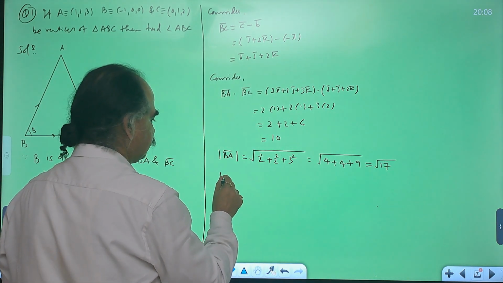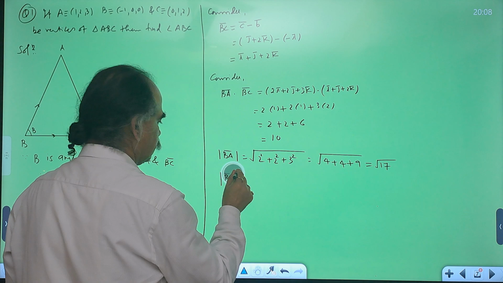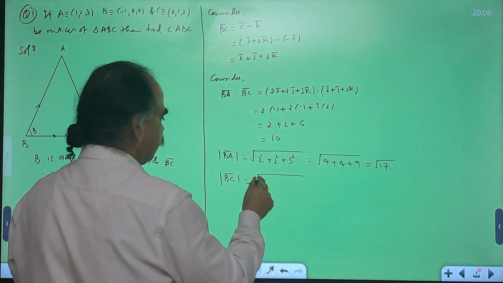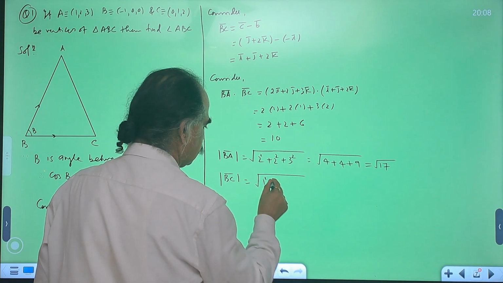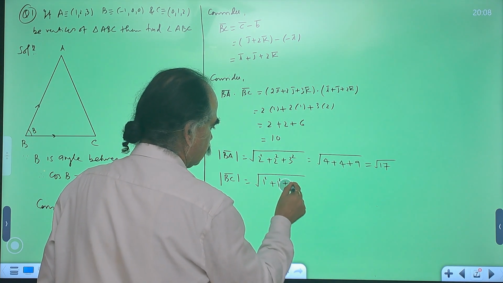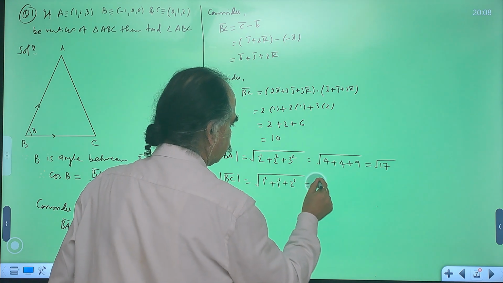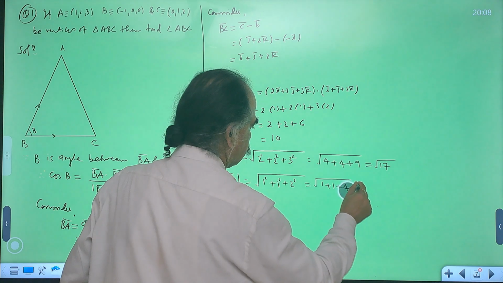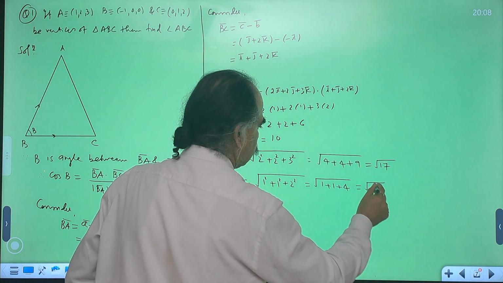Then find the magnitude of BC bar. Root of 1 square plus 1 square plus 2 square, 1 plus 1 plus 4, root 6.